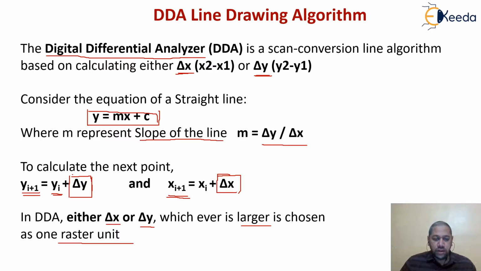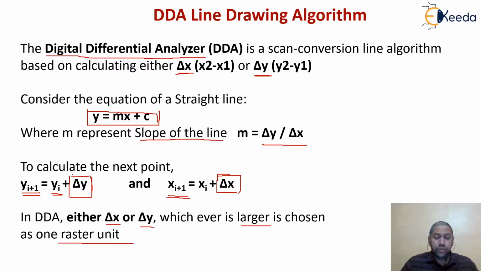Because if the displacement of the line is higher in the x direction, I will take delta x. If it is higher in the y direction, then I will consider delta y. This is the simple way the DDA line drawing algorithm works.